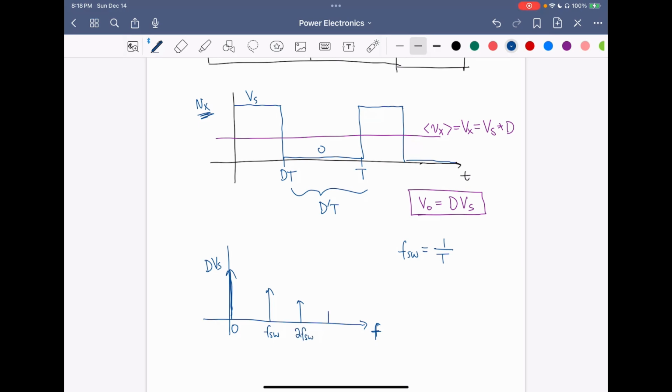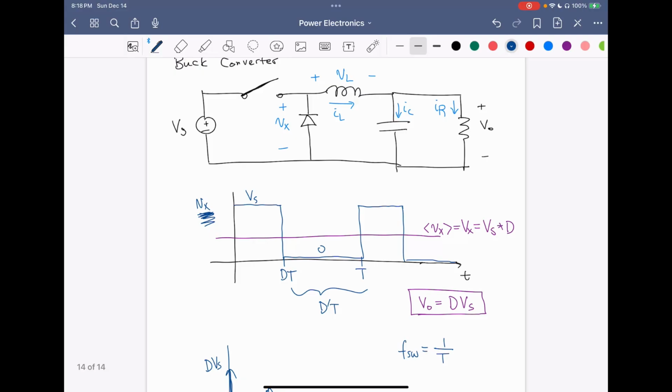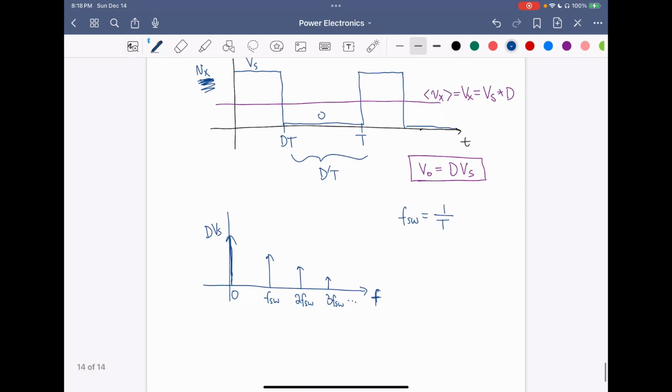So this is basically the Fourier decomposition of this rectangular waveform for Vx. The main thing is that this is the frequency domain representation of Vx. And then we have this low pass filter given by the inductor and the capacitor.